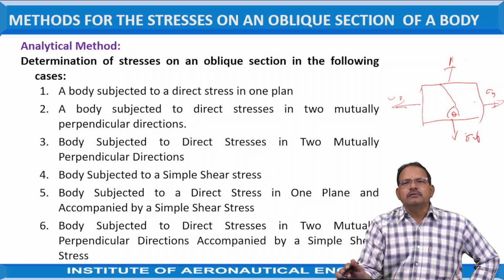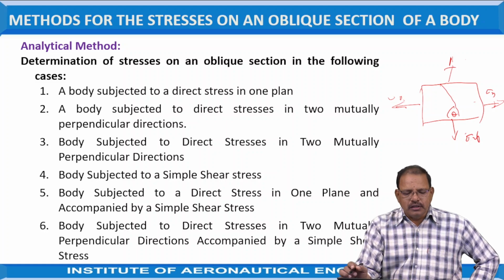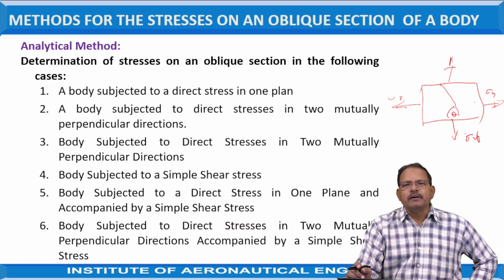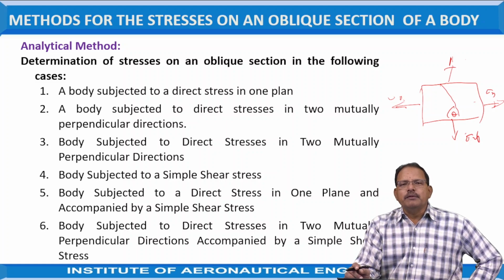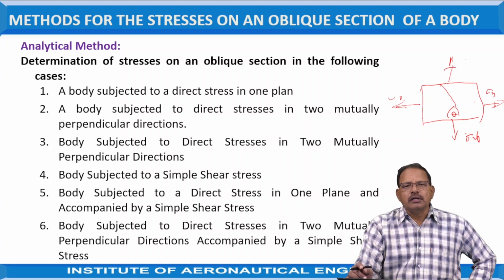The third one is a body subjected to simple shear stress. Then a body subjected to a direct stress in one plane accompanied by simple shear stress, and a body subjected to direct stresses in two mutually perpendicular directions accompanied by a simple shear stress. These are the types of stresses we are considering which act on a body. In these conditions, we have to determine the magnitude of shear stress as well as the tensile stress on an oblique plane which is making an angle theta with respect to the x-axis.